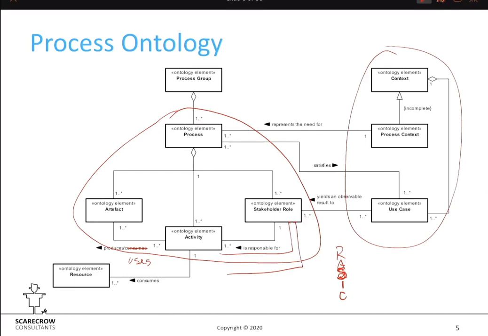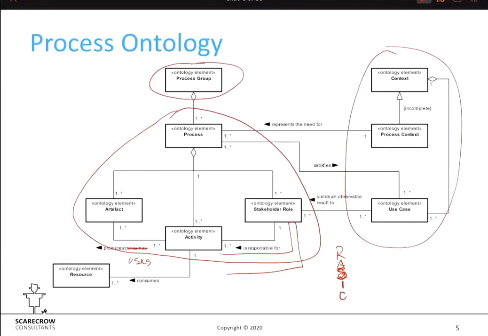And the final thing at the top, the process group, comes in not so much in the definition of processes, but you can use a lot of the concepts here in an extended way, to extend process modeling to actual life cycle modeling.